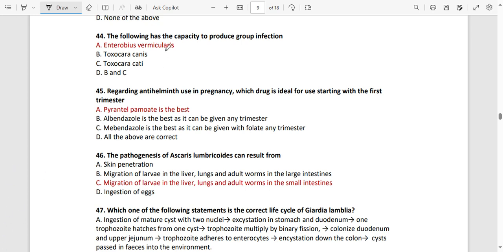Just think of vermicularis, where children are normally scratching their anal area, and the worms remaining there can spread around like that. So that's Enterobius vermicularis. 45, regarding antihelminth use.